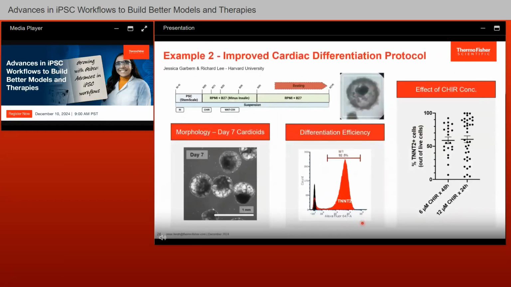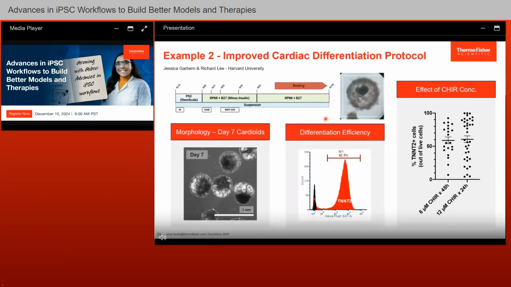Now, ectodermal or neural lineages are not the only cell type that we can specify or differentiate into with our StemScale PSC cultures. Here's an example where we worked with the Lee Lab at Harvard to optimize a protocol for the differentiation of these PSC spheroids into beating cardiac organoids, or cardioids as we like to call them, in just about 2 weeks, where by the end of this 2 weeks, you'll have these beautiful beating cardioids in culture.